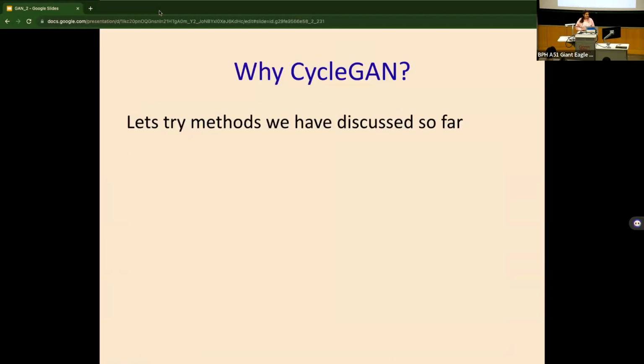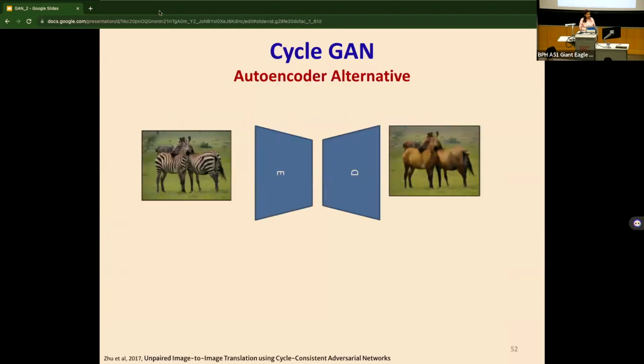But why CycleGANs? Why can't we use any of the other methods that we have used so far? Could we use our autoencoder that we have learned about? Anyone, any ideas why this would work or not work? Okay.